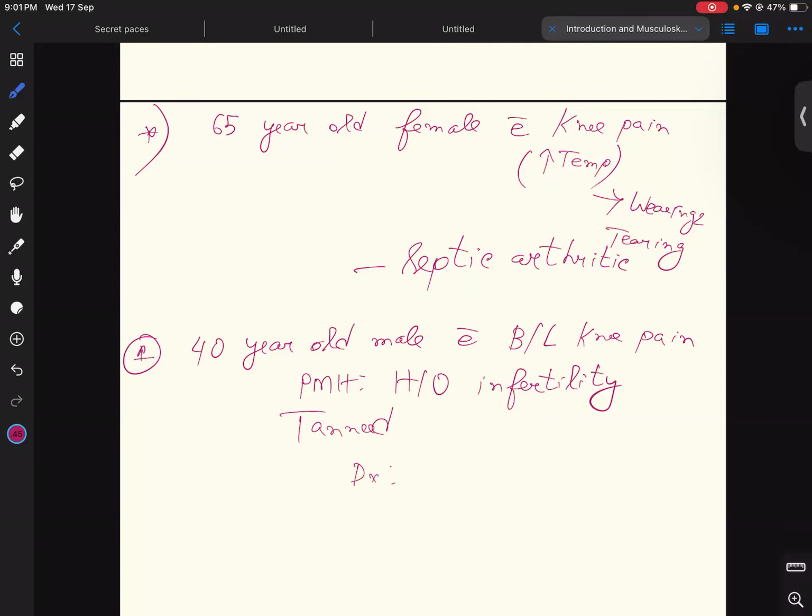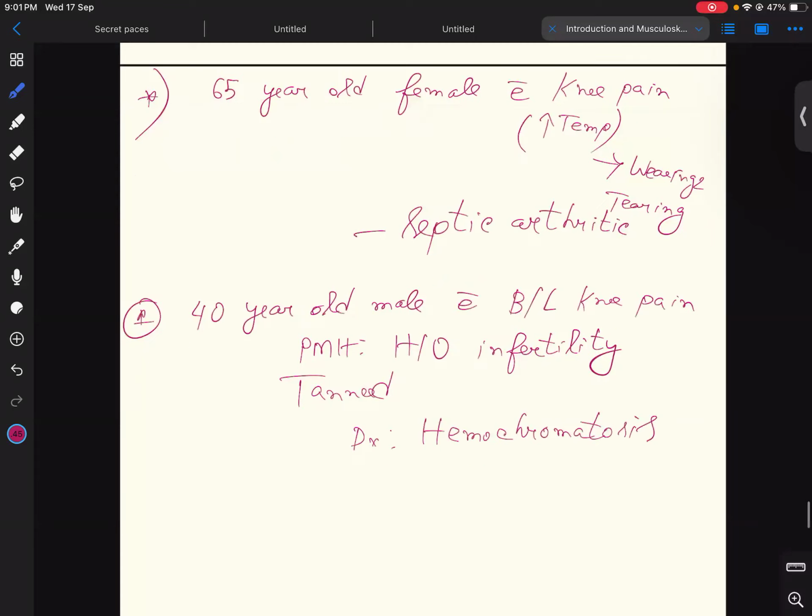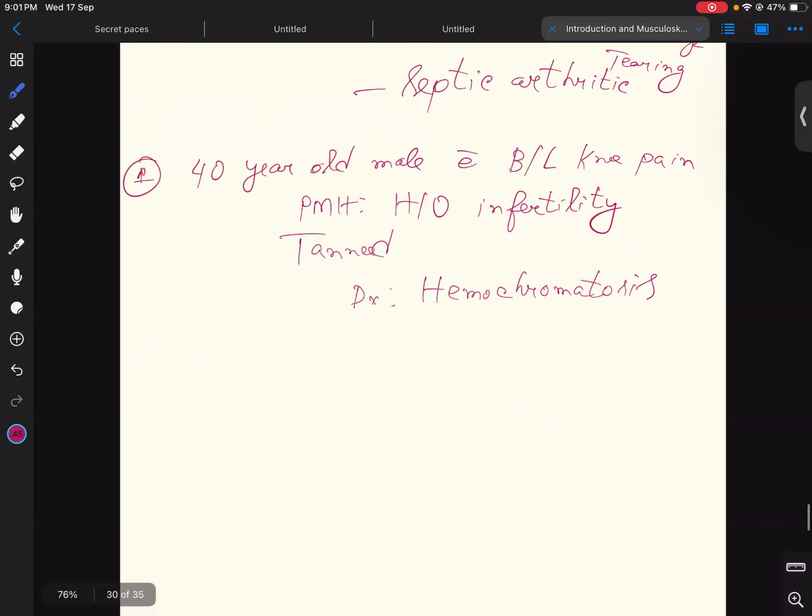This case came in the Cairo Center. Wonderful, Dr. Neha. Then another case, a 50-year-old male with the same knee pain.